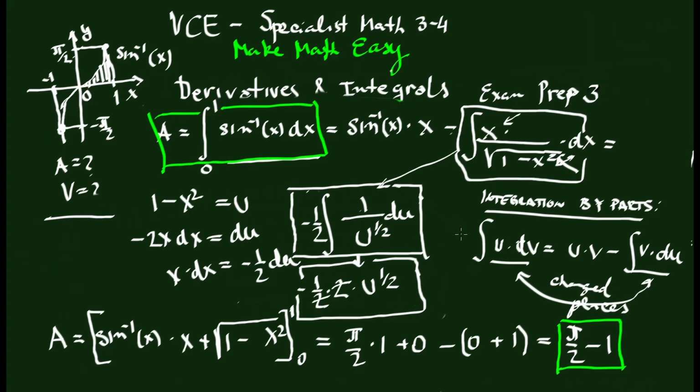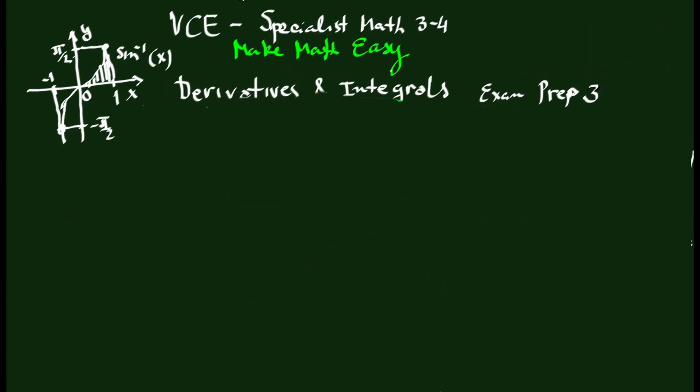Useful formula, integration by parts. What's useful? Well, when something doesn't fit, when it can't do the integral, it looks like it should be differential and vice versa. Let us find the volume.